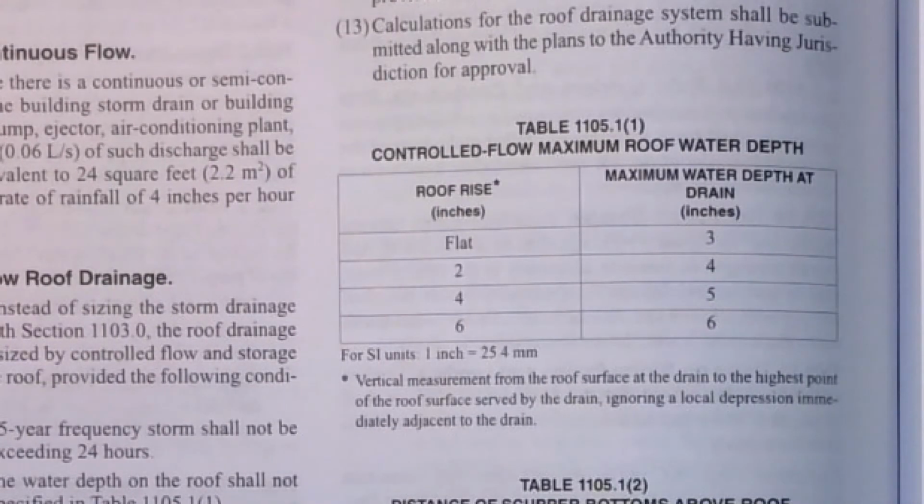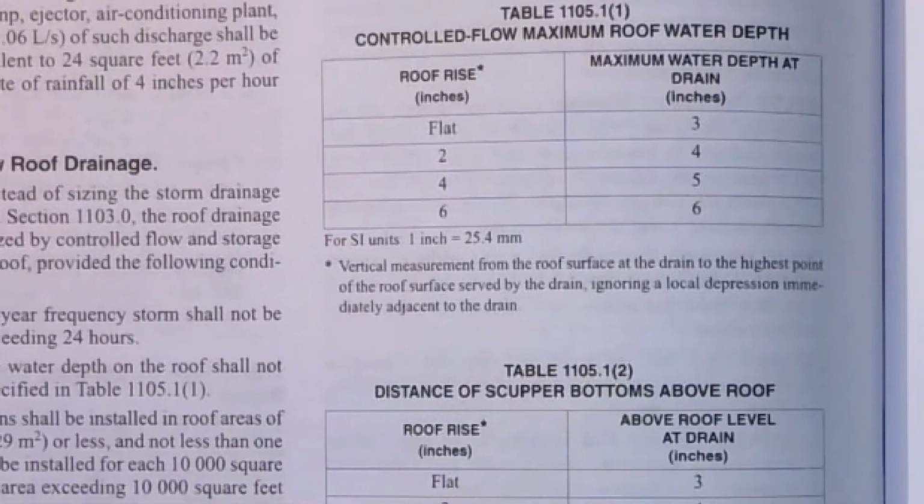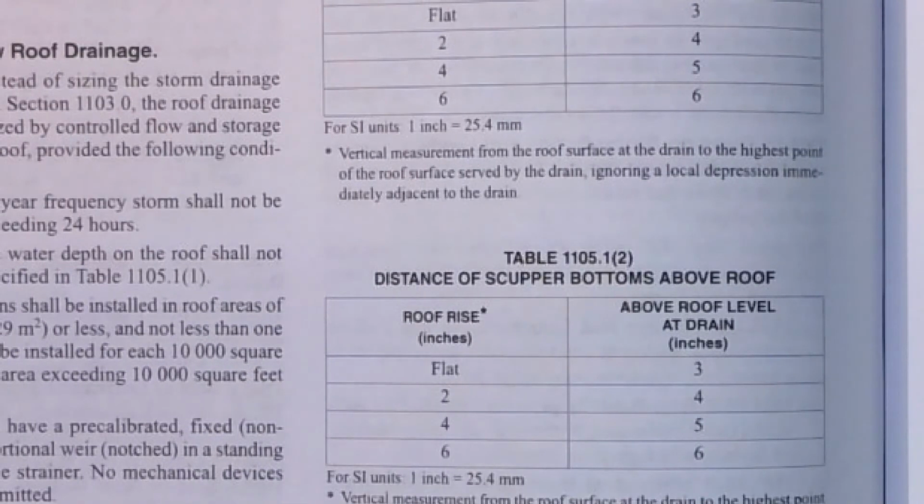It's the vertical measurement from the roof surface at the drain to the highest point of the roof surface served by the drain, ignoring the local depression immediately adjacent to the drain. So if I have a roof rise of 2, then I can have a maximum depth of 4 inches. And you can see there's never any more than a 6-inch depth. Because 6 inches of water, that's a lot.